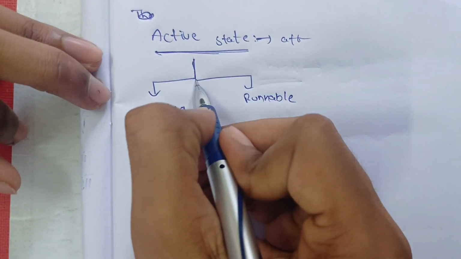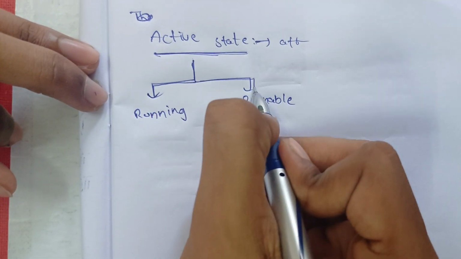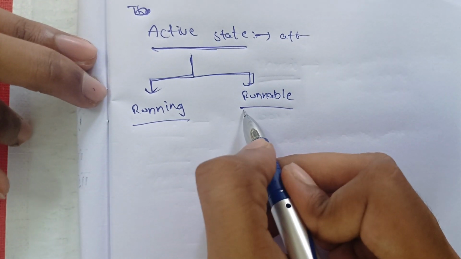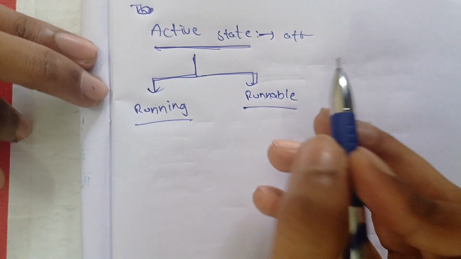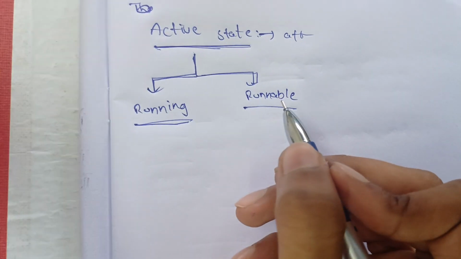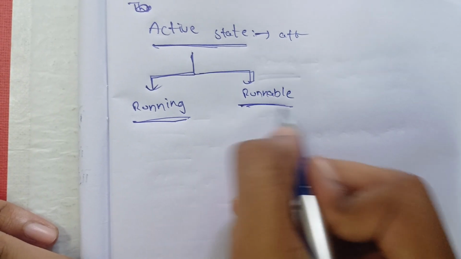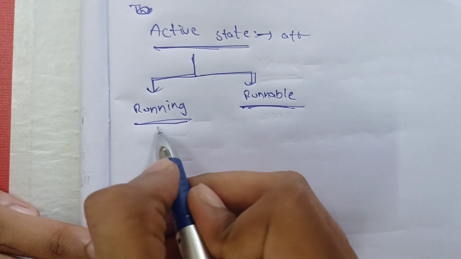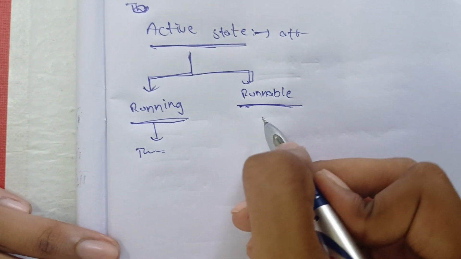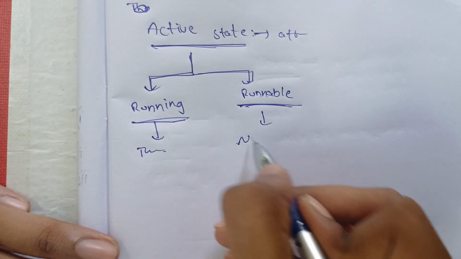This has two types, which are runnable and running. If the work is already started by the thread, then that is called running. If the work should be started by the thread, it is known as runnable. Running means the thread is already performing the task. Runnable means it needs to perform the task.